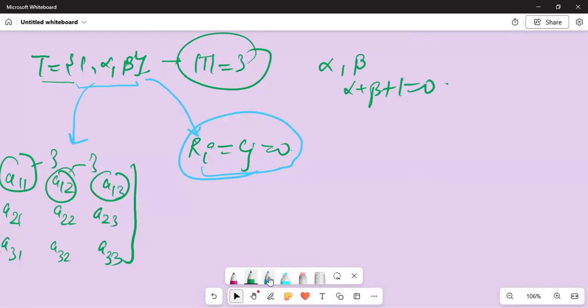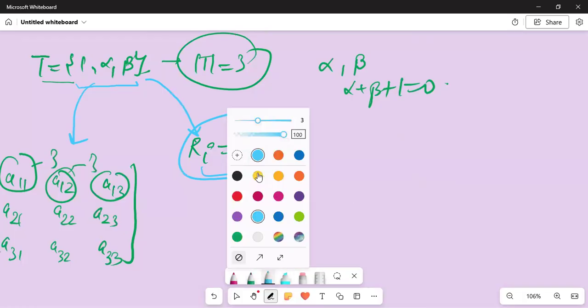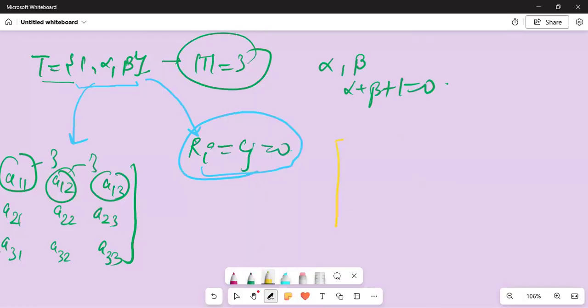Okay. So let us now start choosing the elements. Now, that means every column and every row should have this pattern, because if you add the elements of a particular row or a particular column, you should be getting a 0.